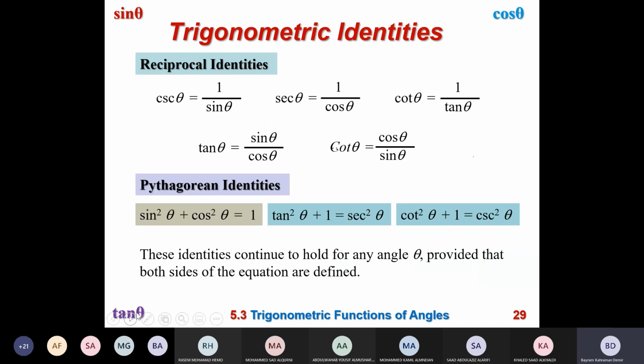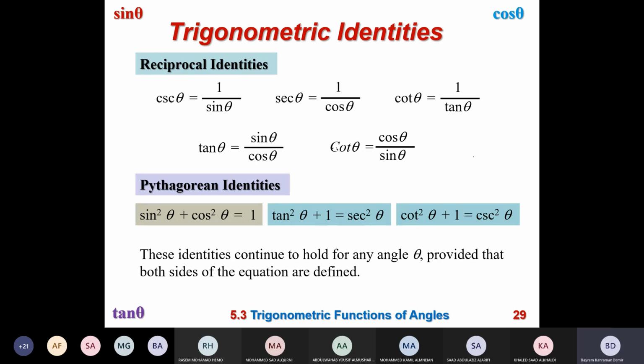Okay, now we can continue with trigonometric identities. Some of these you are already quite familiar with, I guess. Cosecant is 1 over sine, secant is 1 over cosine, cotangent is 1 over tangent, yeah?